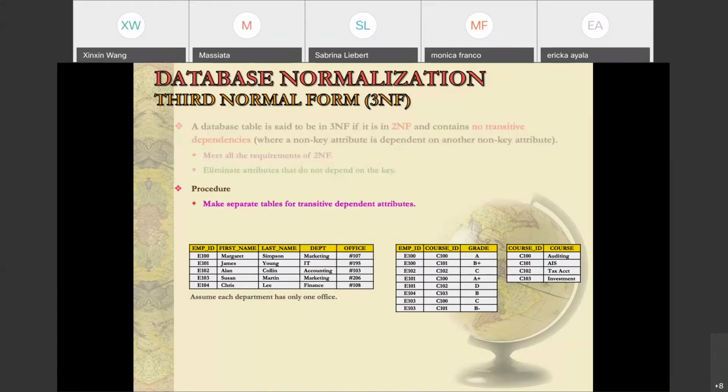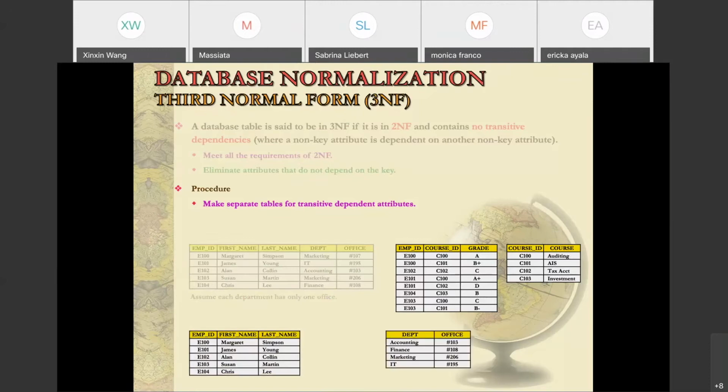So what are the procedures for that? These three tables are all second normal form tables, right? So we separate the table from the transitively dependent attribute. For employees, we only have employee ID, first name, last name. We have the department ID for the department table, right?